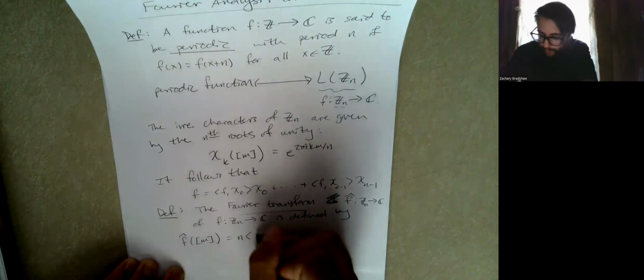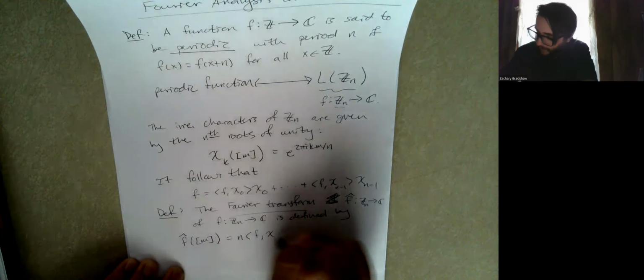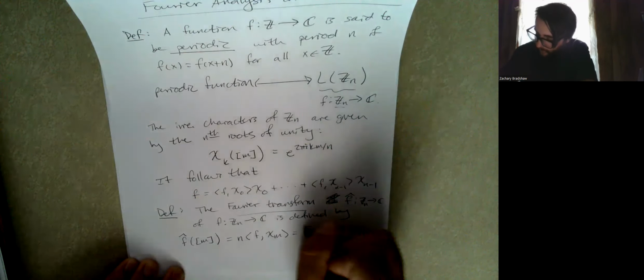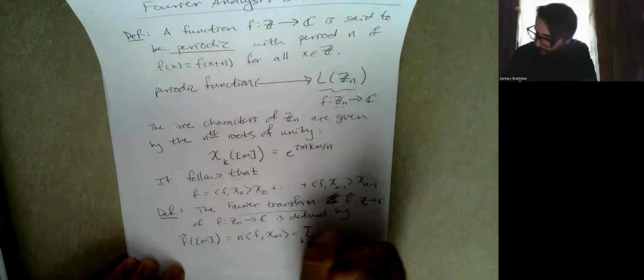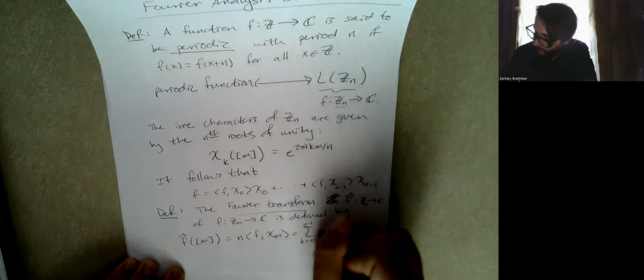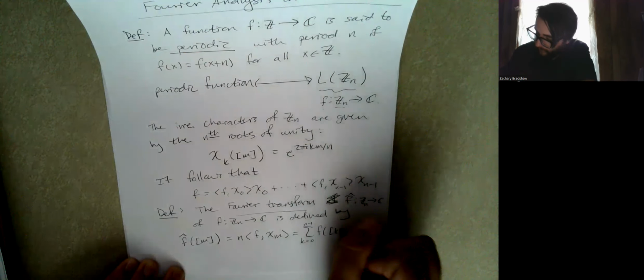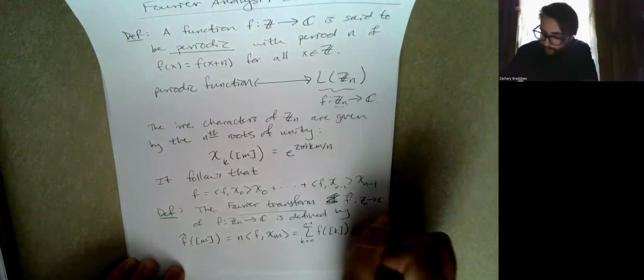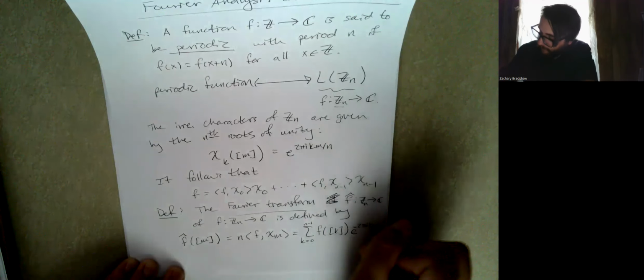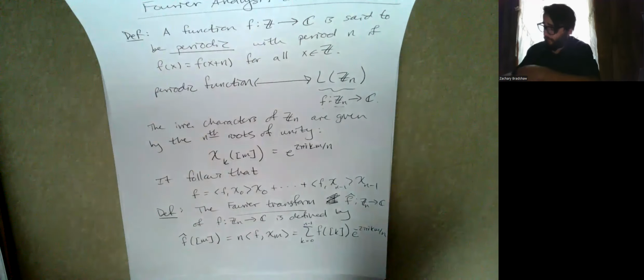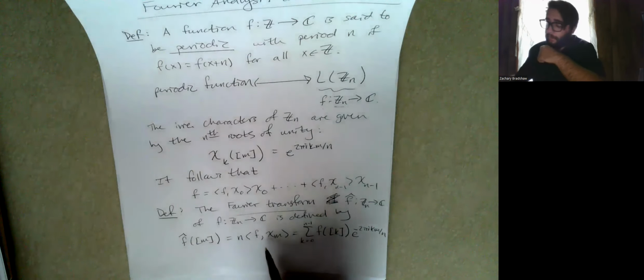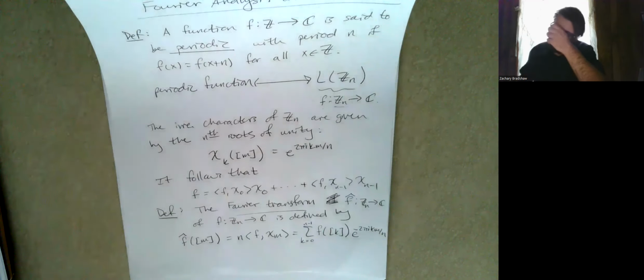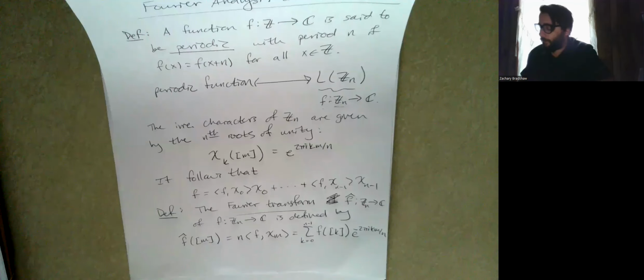So this is n times the inner product of f with chi m, which is the sum from k equals 0 to n minus 1, f applied to the residue class k, e to the minus 2 pi i km over n. So this is the definition of our inner product that we've been using. And I've multiplied by this n because that's what Steinberg does, but ultimately it amounts to a convention.